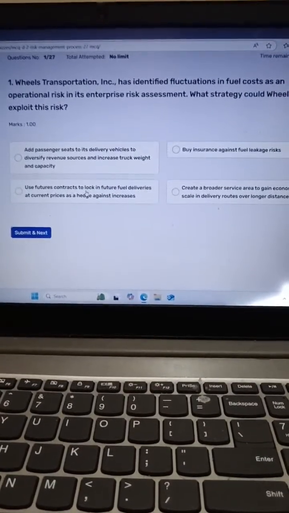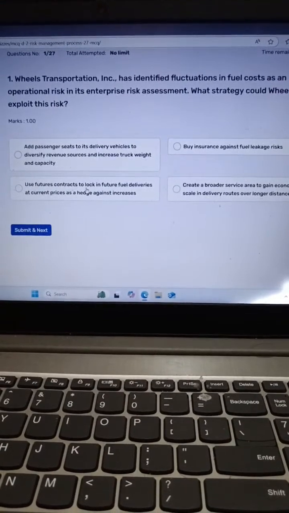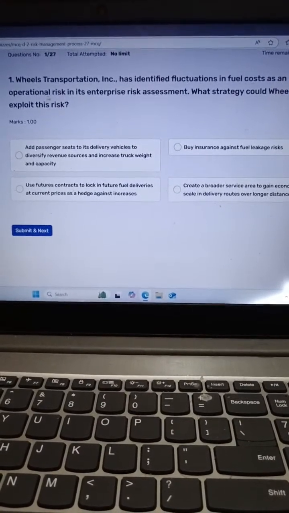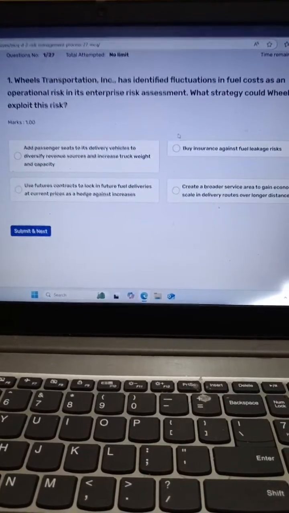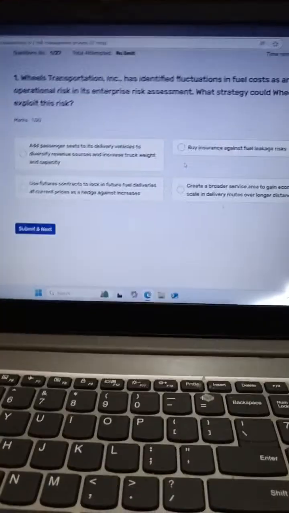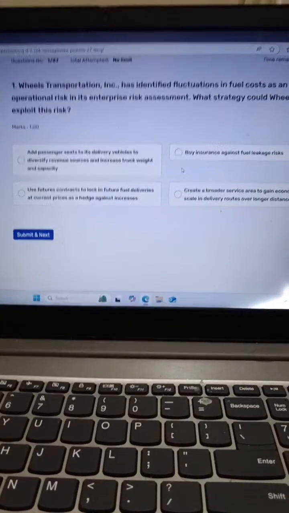In the given question, this is a price fluctuation, fuel price fluctuation. In this case, what can we do?